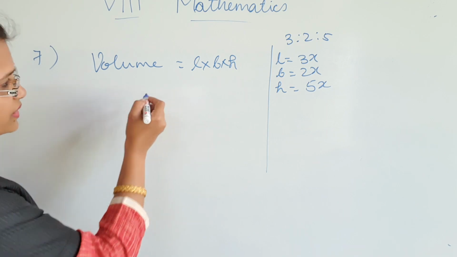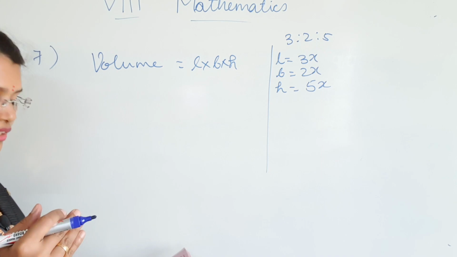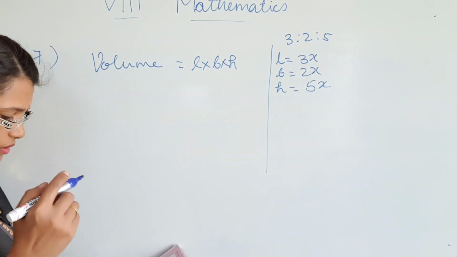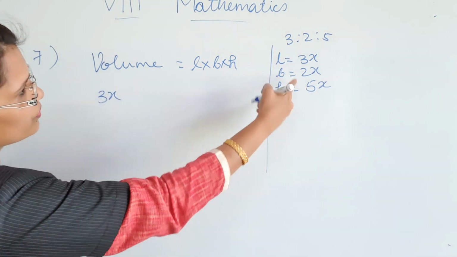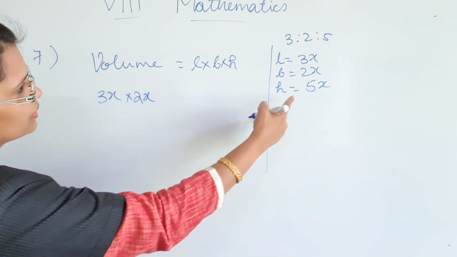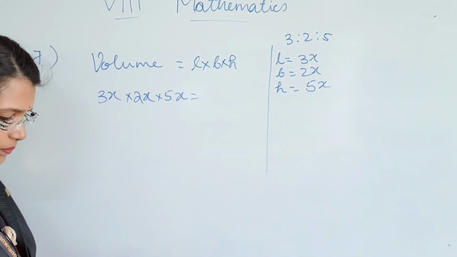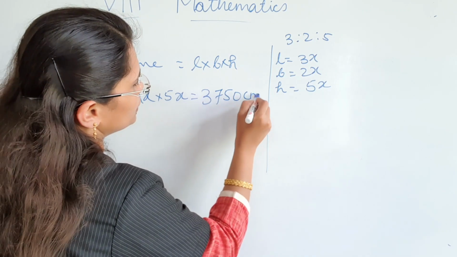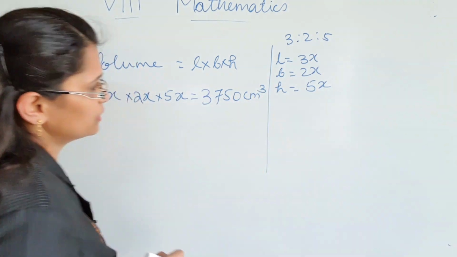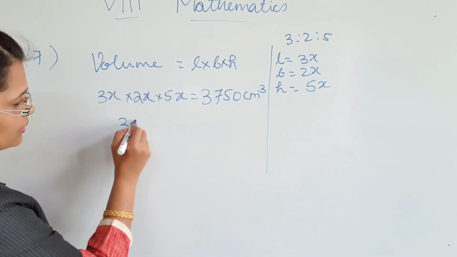So volume is given already, that is 3750 cubic centimeters. So multiply this, 3x into 2x into 5x is equal to 3750 cubic centimeters. 3 2s are 6, 6 5s are 30.